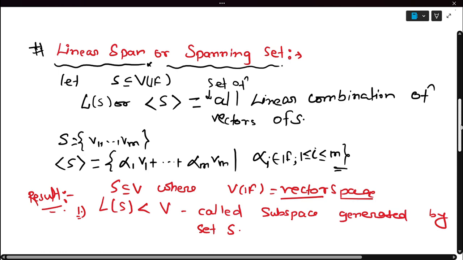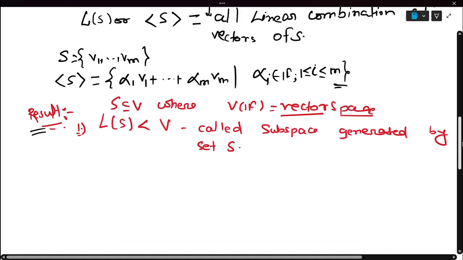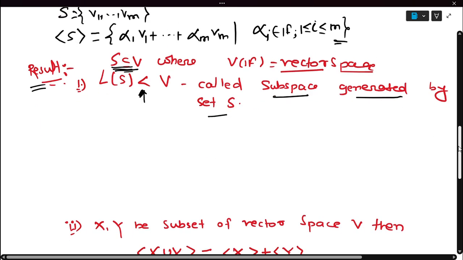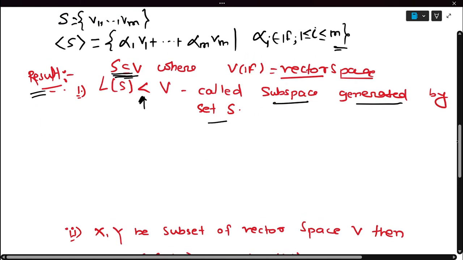Okay, some result. Whenever S is a subset of V, where V over F is a vector space, then the linear span is always a subspace. This is the notation for subspace. So the linear span of S is a subspace of V, called the subspace generated by set S. Okay, so we will prove this.